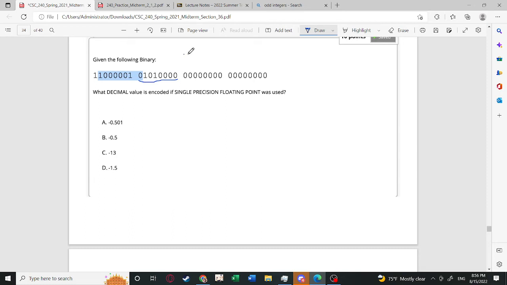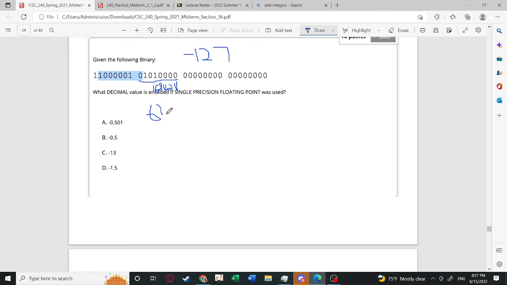If we go to 127, and this is converting the binary as 1, 2, 4, 8, 16, 32, 64.